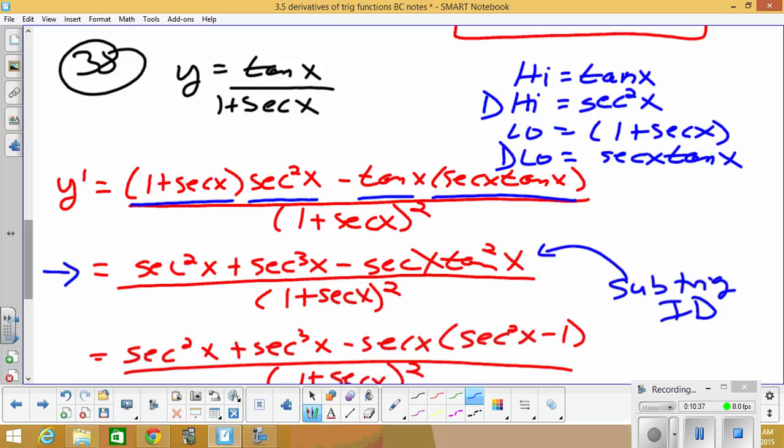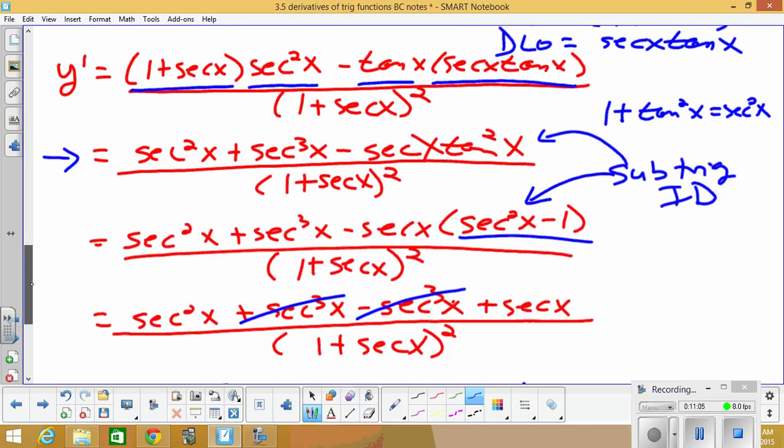So if I can try to get rid of that by substituting something in for it, I can simplify this easier. So I substituted a trig identity. Remember, our trig identities would have been 1 plus tangent squared of x is equal to secant squared of x. So I substituted for tangent squared of x, secant squared of x minus 1.